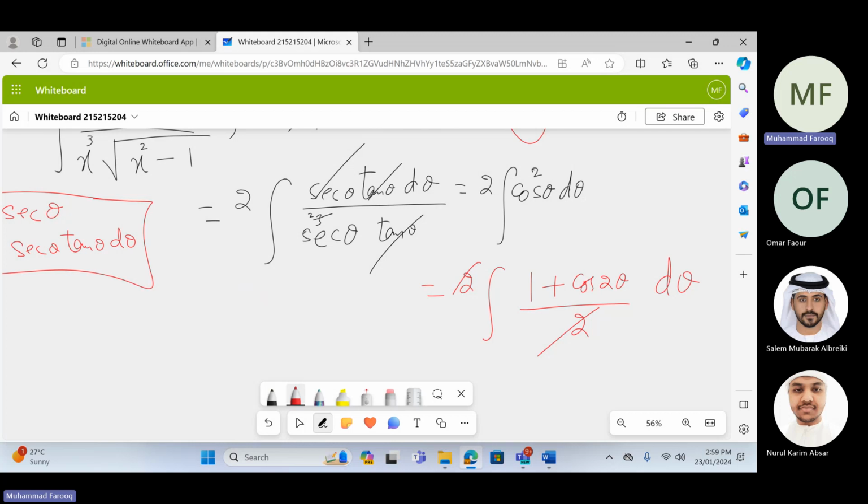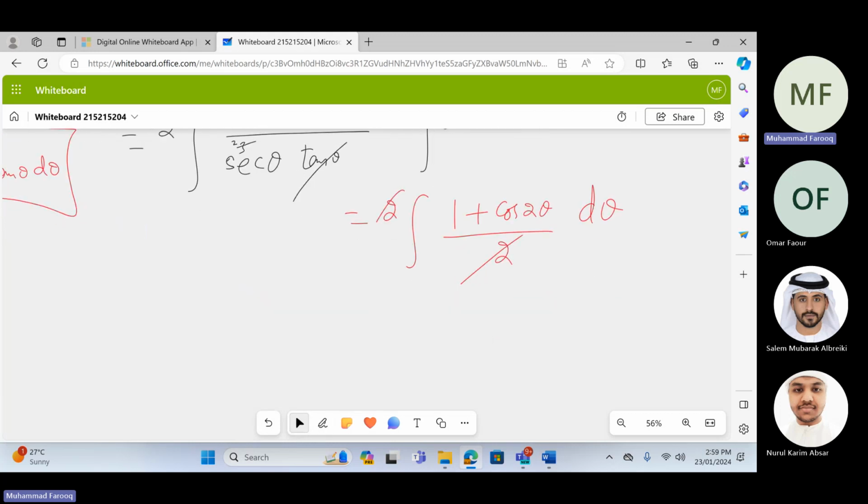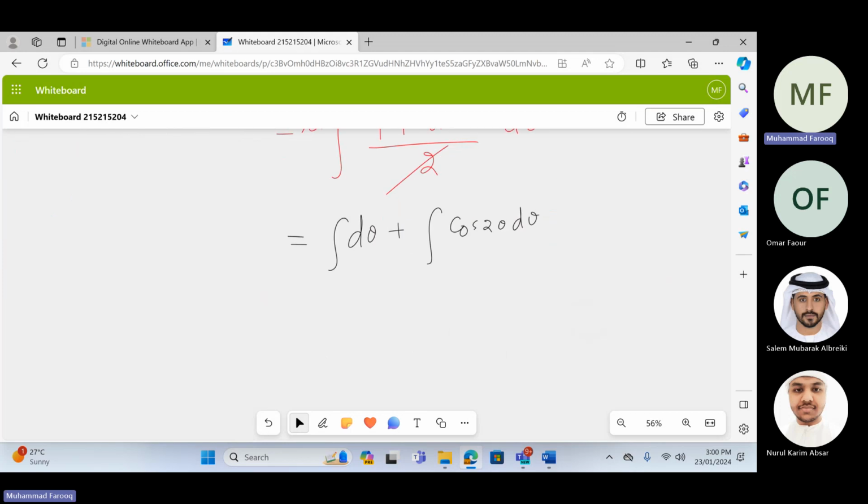Now we need d theta, 1 d theta, and plus the integration of cosine 2 theta d theta. So this one is theta, plus the integration of cosine 2 theta, which is positive sine 2 theta divided by 2, and plus c. Now we know very well it's a double angle.